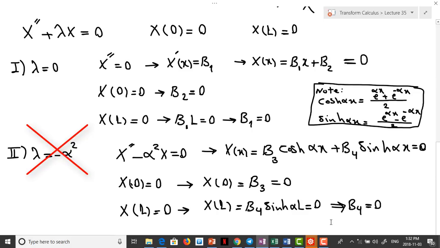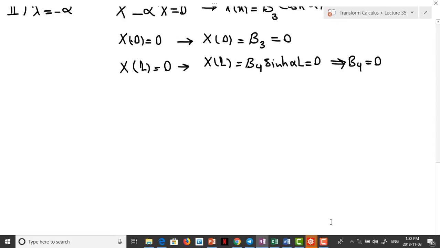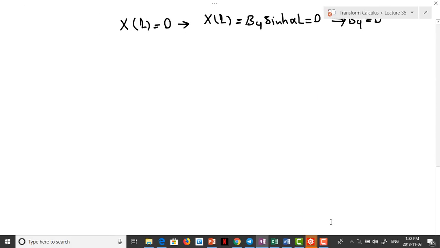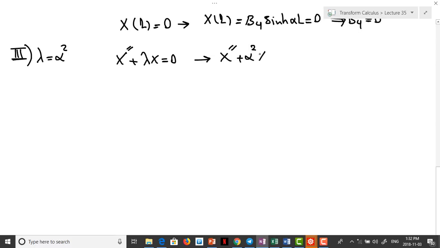In the third case, we assume that lambda is a positive number like alpha squared. So we have the equation X double prime plus lambda X is equal to 0. And we said lambda is equal to a positive number, so it's X double prime plus alpha squared X is equal to 0.